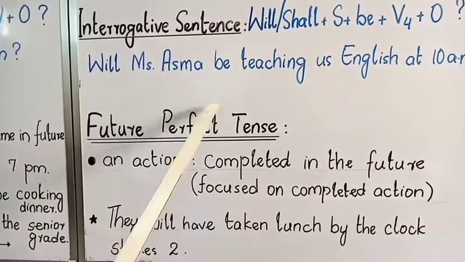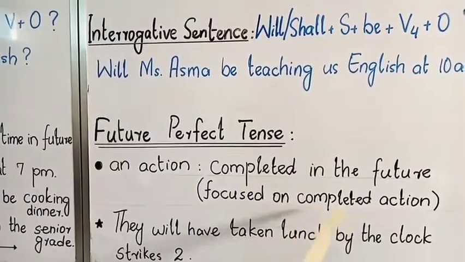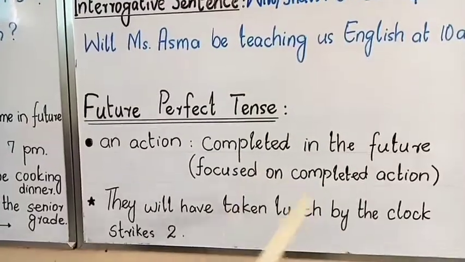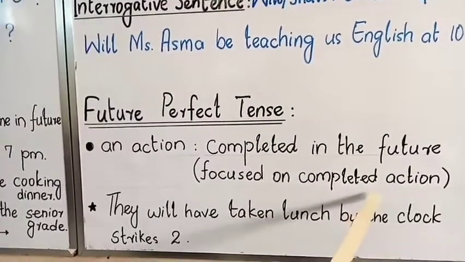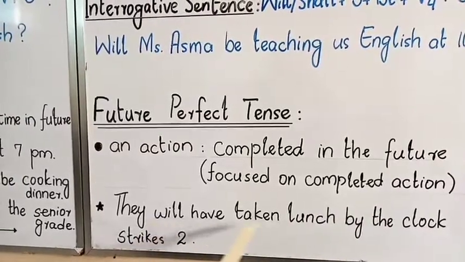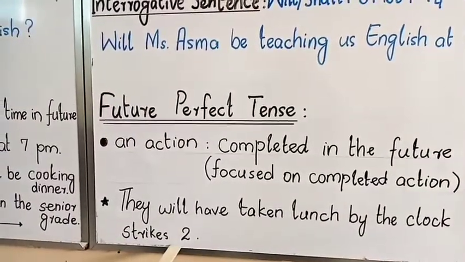And future perfect tense focuses on completed action. So the example is, they will have taken dinner by the time the clock strikes 2.